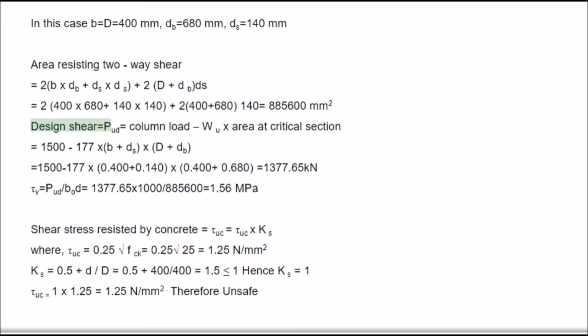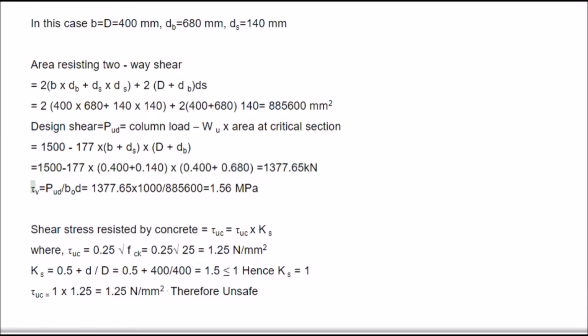Design shear equals Pud equals column load minus wu x area at critical section equals 1500 to 177 x (0.400 plus 0.140) x (0.400 plus 0.680) equals 1377.65 kN.